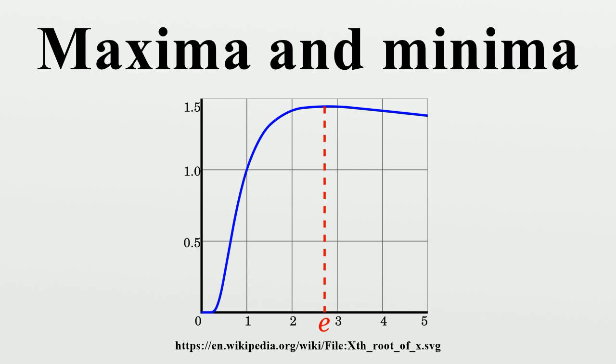Note that this function has no global maximum or minimum. The function |x| has a global minimum at x equals 0 that cannot be found by taking derivatives, because the derivative does not exist at x equals 0. The function cos(x) has infinitely many global maxima at 0, plus or minus 2 pi, and so on.